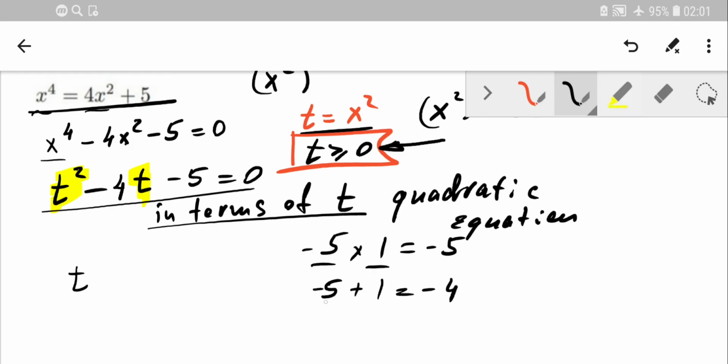So it looks like our a and b are -5 and 1. So I can immediately write that in factorized form.